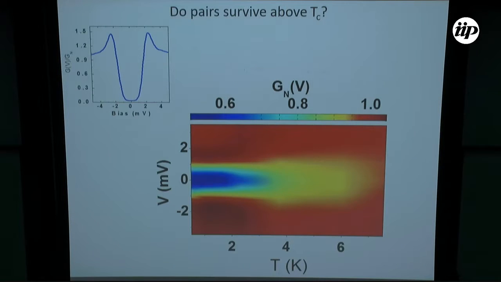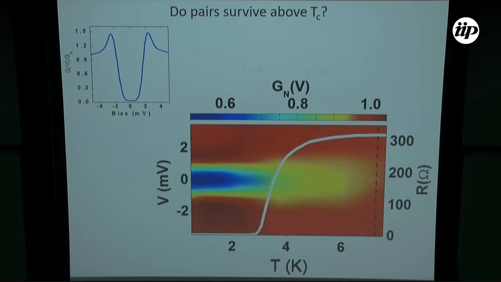The real surprise is, however, here. Now I take this entire area, this 200 nanometer by 200 nanometer area, and I color code the conductance. So this blue region is the gap. And I plot this spectra as a function of temperature.